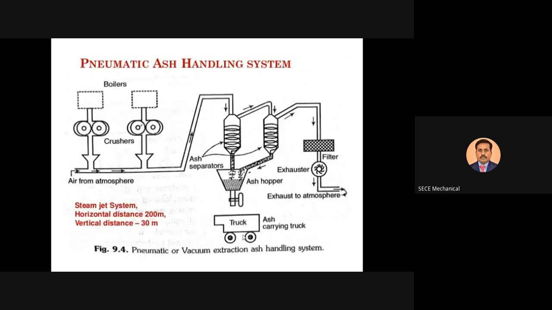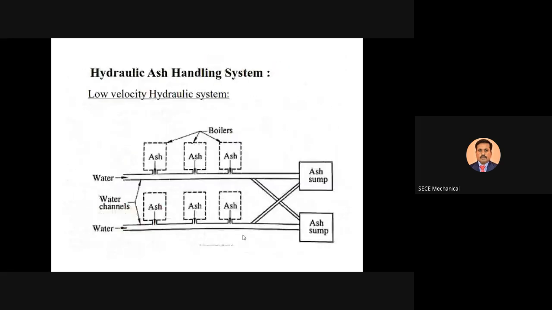But in your hydraulic ash system, water is normally used in the boiler furnace area. With the help of that water, it will mix with your ash in the boiler lower portion, that is, in the furnace area. Normally there are ash pockets in the boiler furnace area.